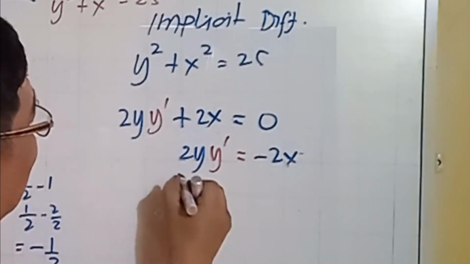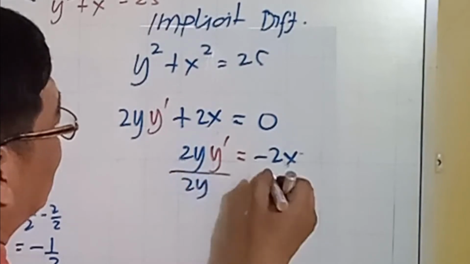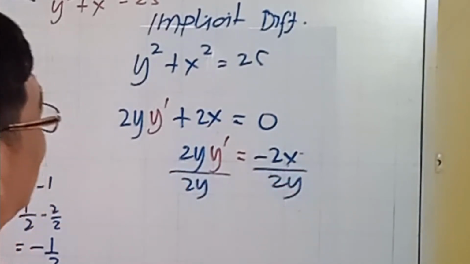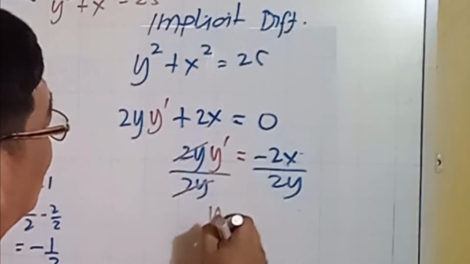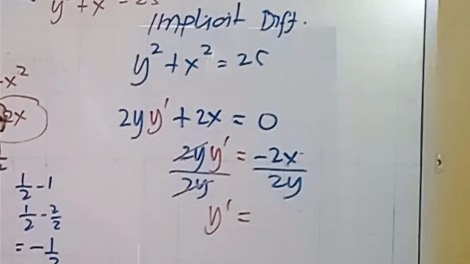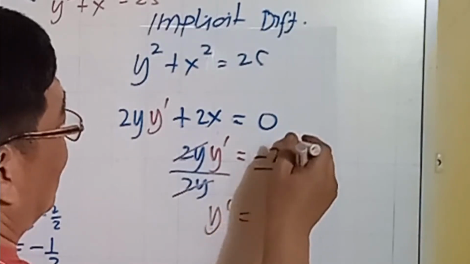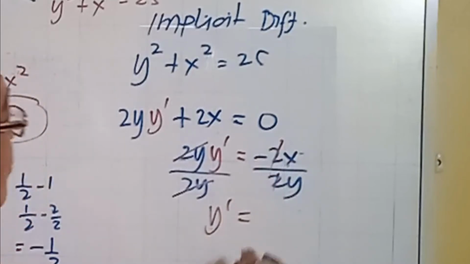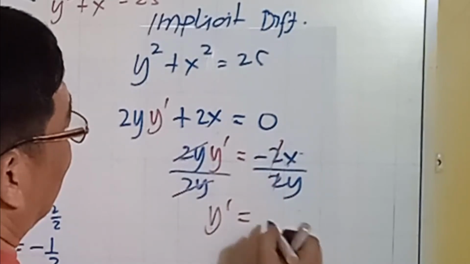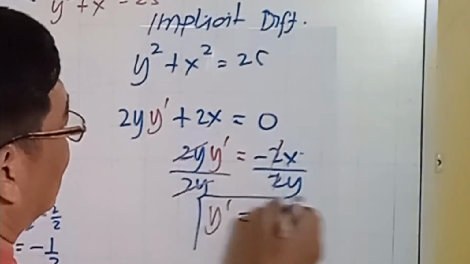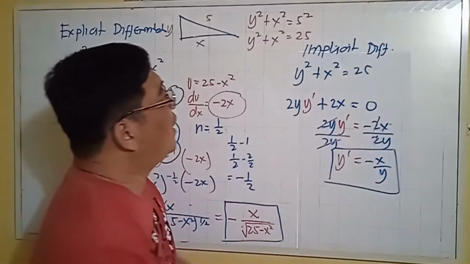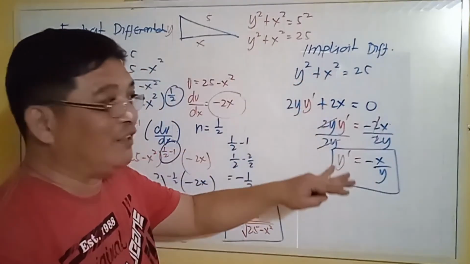I-divide natin to sa 2y. Mangyari, cancel yung 2y. Matitira dito is y prime is equals to, cancel naman dito yung 2, magiging negative x over y. So, ito yung sagot pagka implicit differentiation tayo.